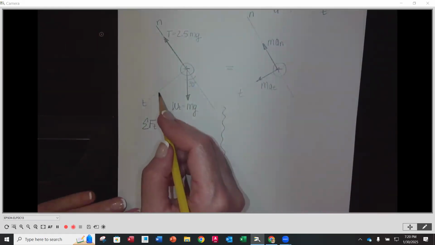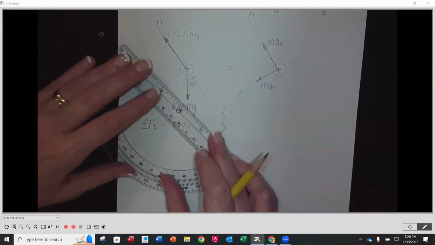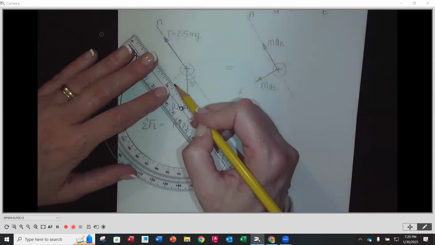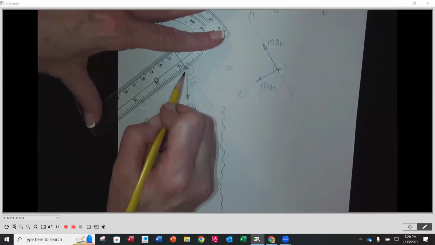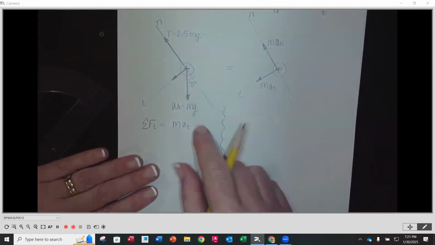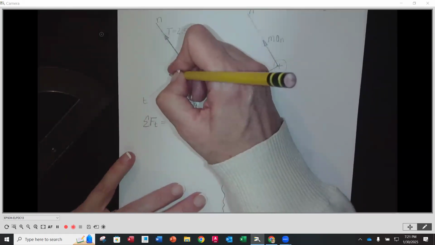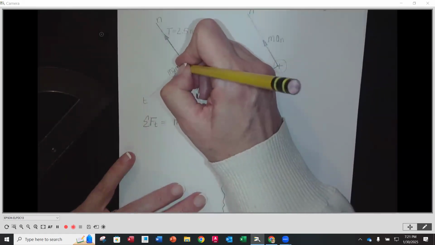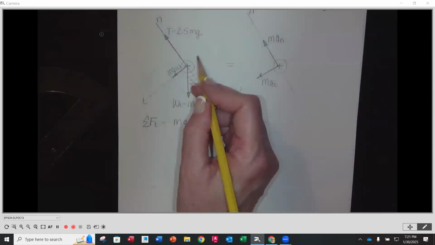Now, on this side, we would see a force along that t-axis as a component of the weight, right? So this would be m times g along that t-axis, just looking in that direction.